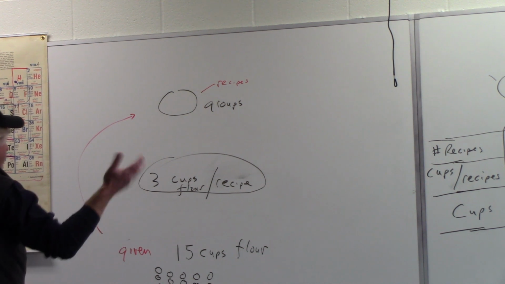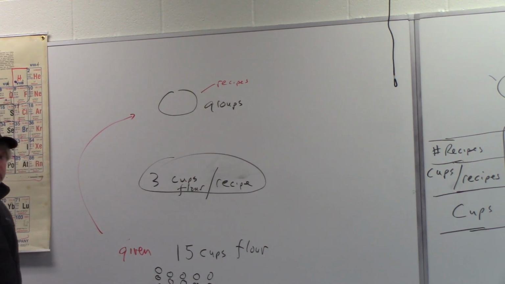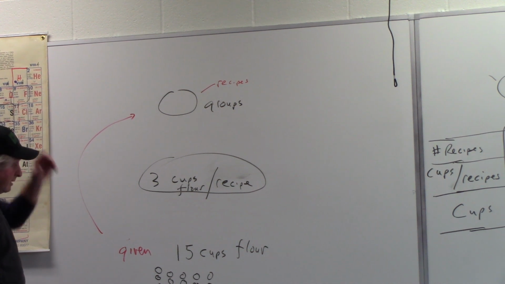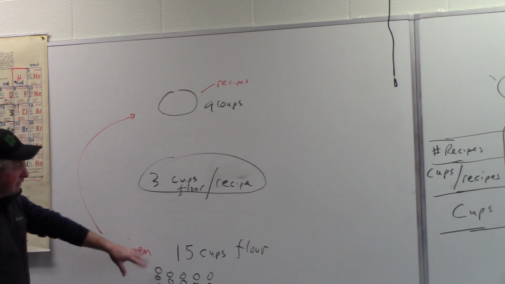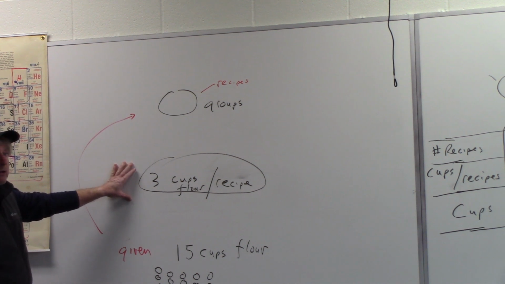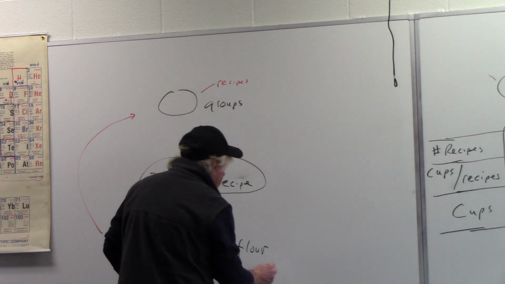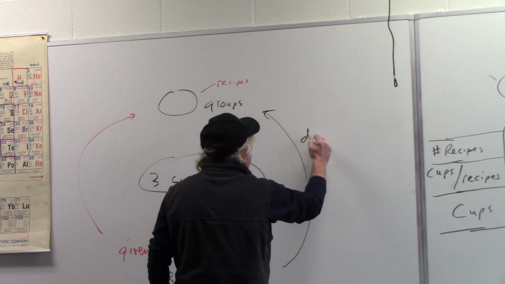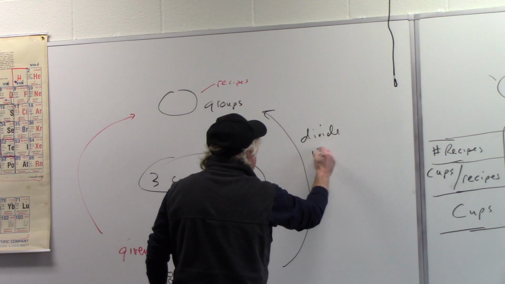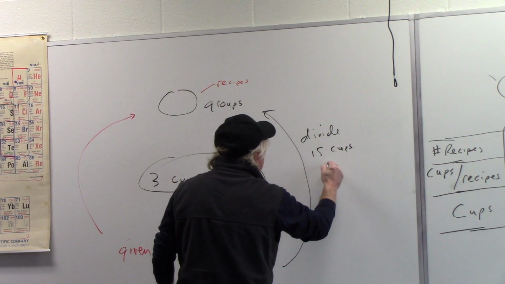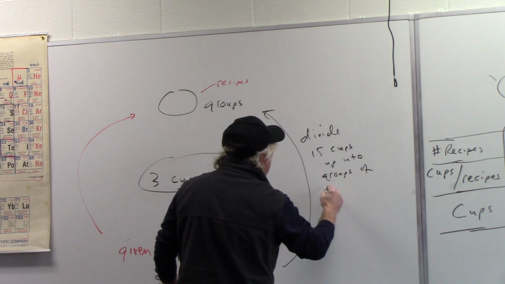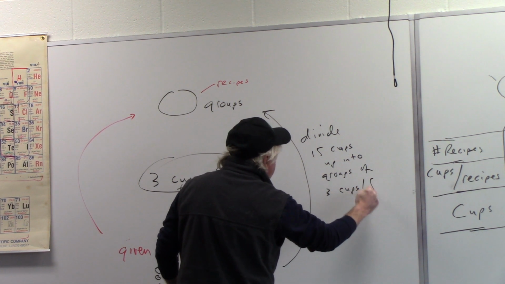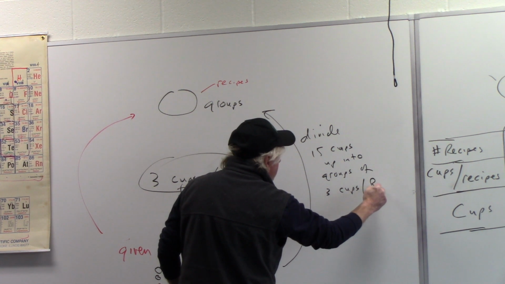You might have to adjust your screen a little bit so you can move in and out. This is the closest I can get to the screen with my video camera here. Okay, so if I have 15 cups, I'm going to break those 15 cups into 3 cups per recipe. So I'm going to divide 15 cups up into groups of 3 cups per recipe.